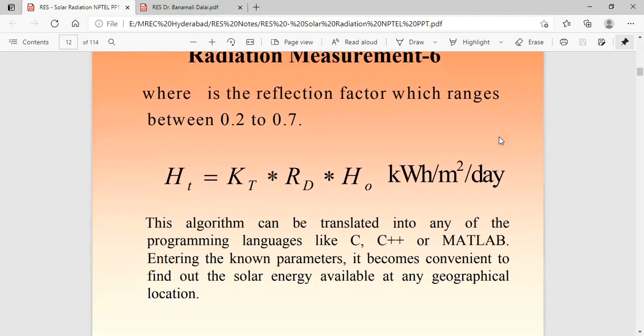So the measured HT is equal to KT into RD into H naught, kilowatt hour per meter squared per day. This algorithm can be translated into any of the programming languages like C, C++ or MATLAB. Entering the known parameters, it becomes convenient to find out the solar energy available at any geographical location.